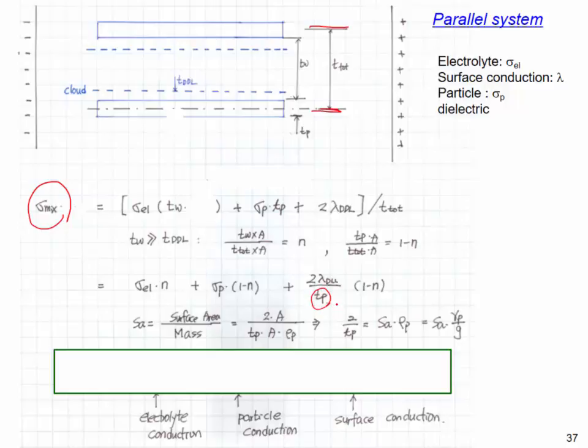You have this one, right? Thickness of the particle. And I want to remove this one because it's difficult to estimate the particle thickness, right? Instead of that, it's easier to use the surface area of the particle.